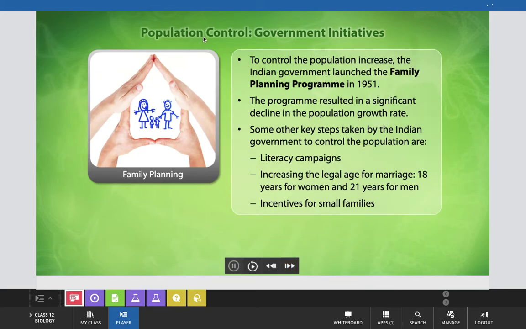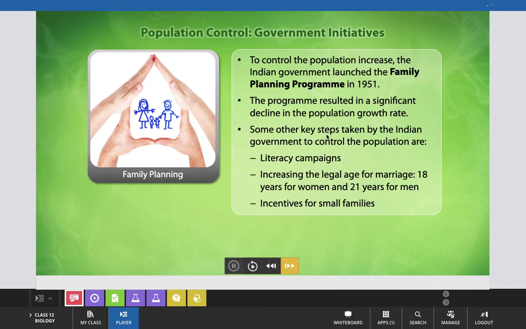Now, population control, or the government initiatives for that, is going on in each and every nation. To control the population increase, the Indian government launched the family planning program in 1951, and the program resulted in a significant decline in population growth rate.